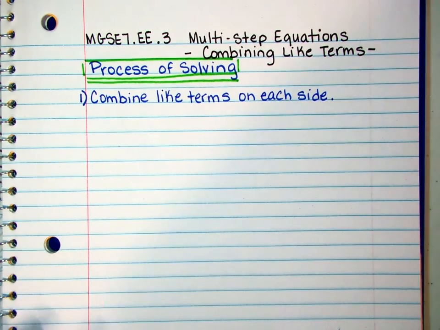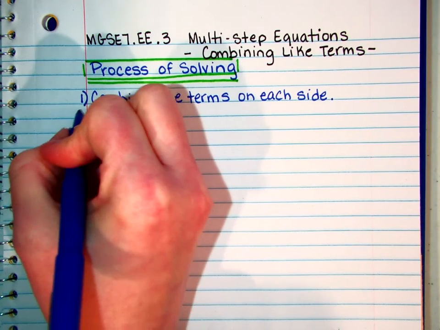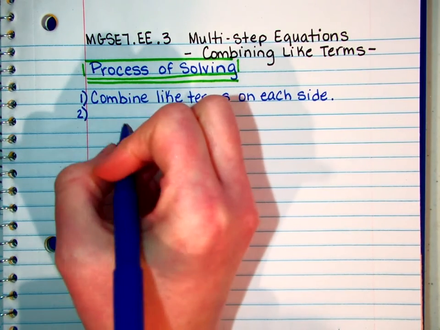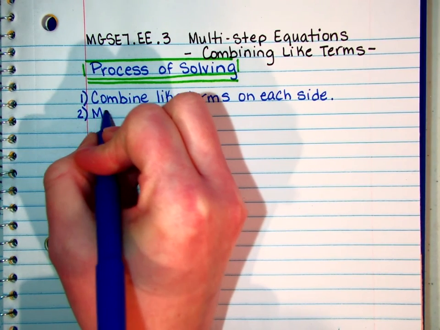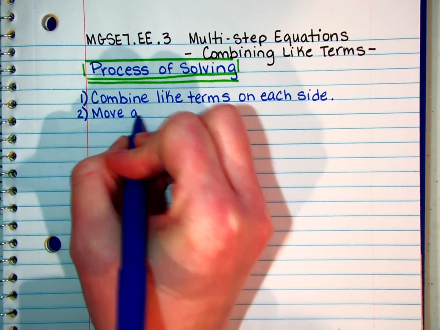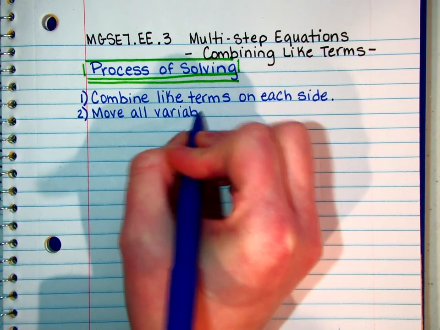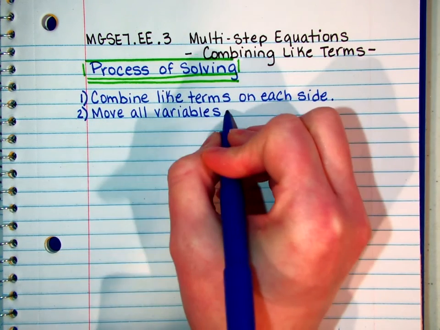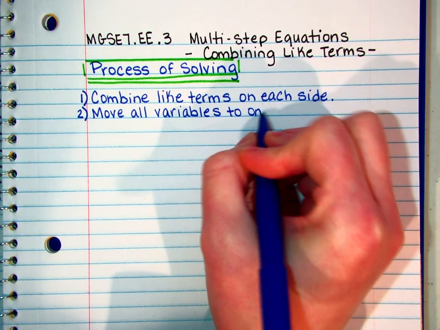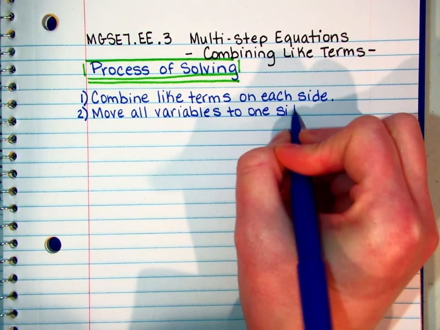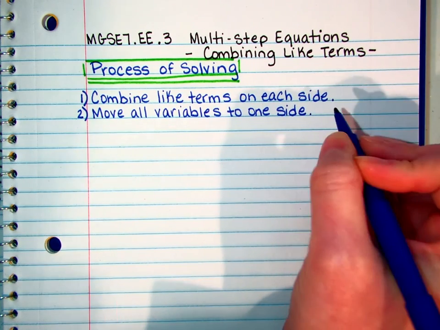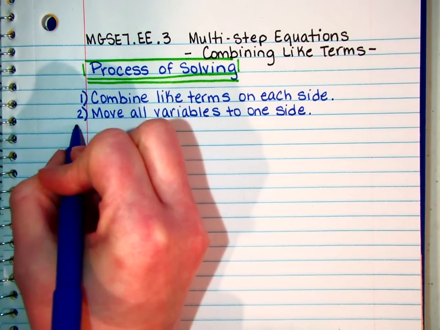The second one is move all variables to one side. We need our variables on one side of the equation and then our constants on the other.